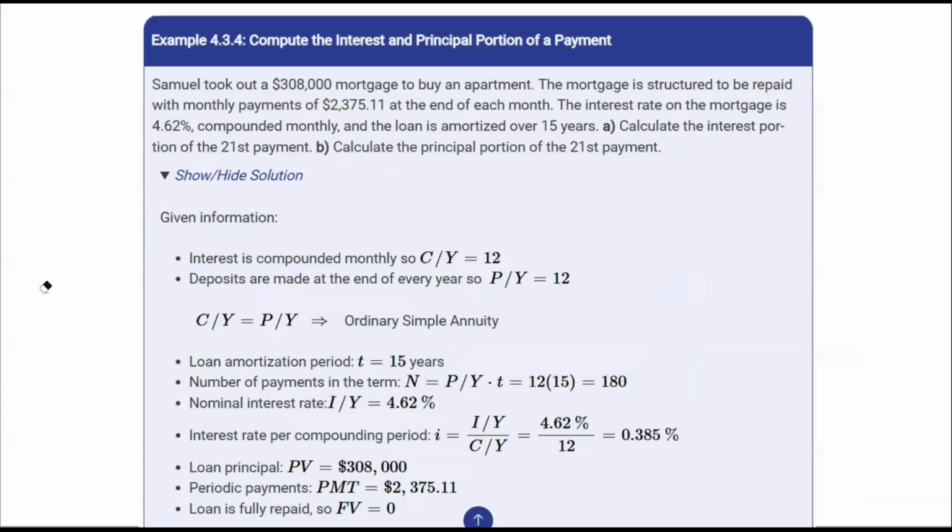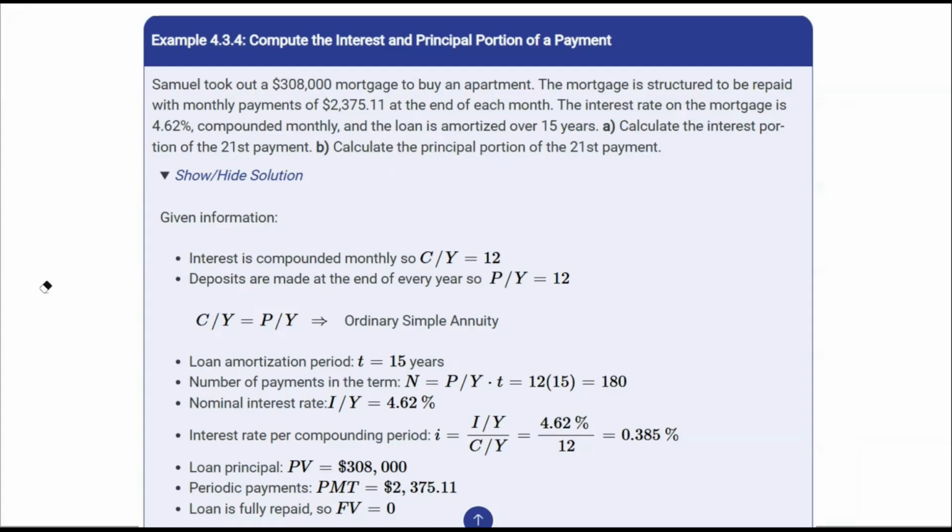This man took a loan, a mortgage. It's to be repaid with monthly payments of $2,375.11 at the end of each month. The interest rate is 4.62% compounded monthly, and the loan is to be amortized in 15 years.